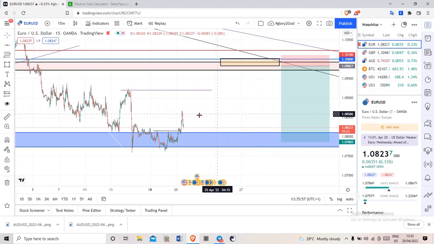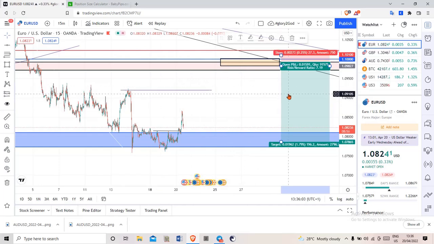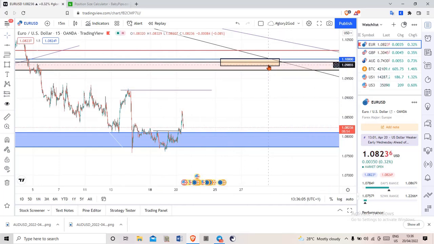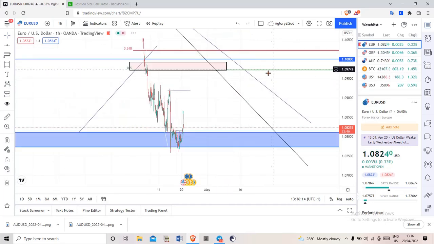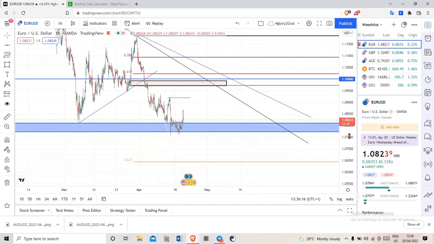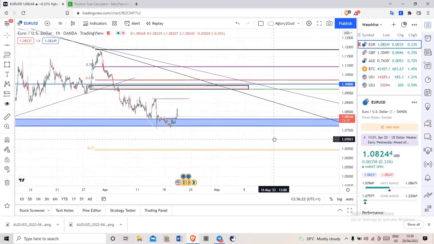Now, how is this only going to be possible? Because when you're taking a trade, you're also going to be analyzing for directions that can go against you. What are the directions that can go against you? Because you are analyzing for directions that can go against you, what will make this trade not work?